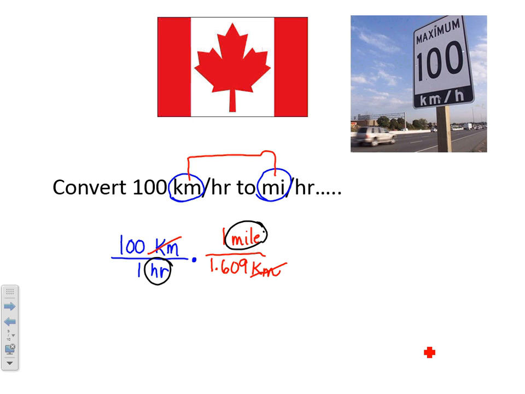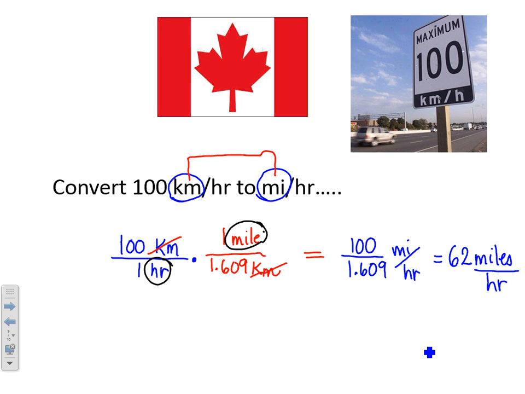Now just multiply the top times the top and the bottom times the bottom, and that will give us our answer. If we take 100 times 1, we get 100. If we take 1 times 1.609, we get 1.609. Now we divide those out, and we get 62 miles per hour.